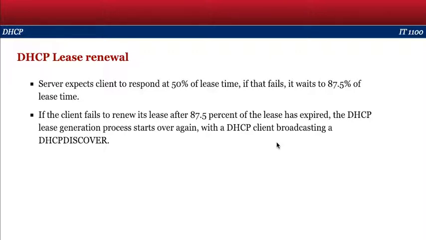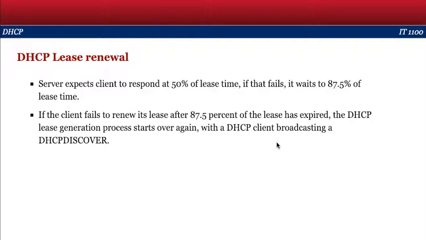The server expects clients to respond at 50% of the lease time. If that fails, it will wait until 87.5% of the lease time. It's kind of vague, but let's say our lease time is 10 minutes. We'll wait and hopefully the client will respond at the 5-minute mark, or 50%.